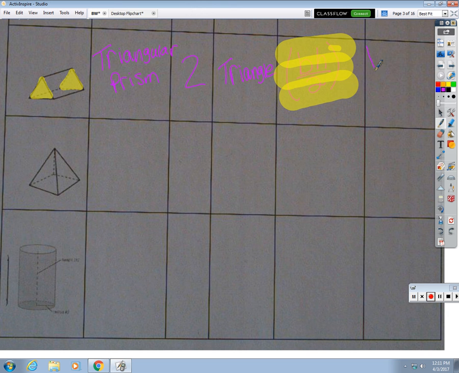And my volume is volume equals big B times H. And my big B is the area of the base. I'm going to highlight that. And that's going to become the area of the triangle. The big B is transforming into area of triangle. So volume equals big base times height divided by 2 times the height of the prism.